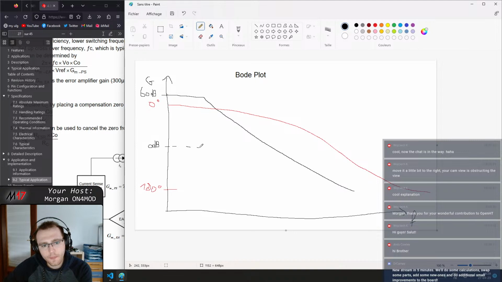Basically, at 0 decibel of gain, we want the phase to be less than 180. So this system, as it is designed here, is not realistic. It's very, very good. So 180 degree phase.